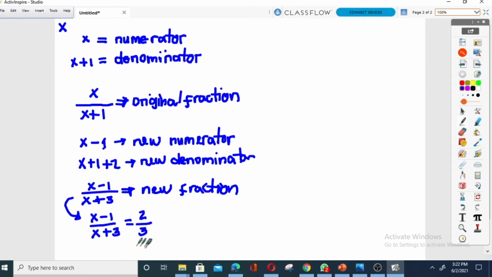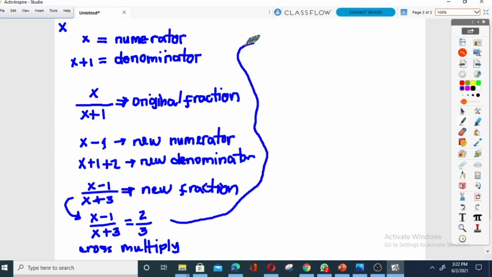So from here we can get the value of x by cross multiplication. Cross multiplication, it will become x minus 1 over x plus 3 is equal to 2/3.